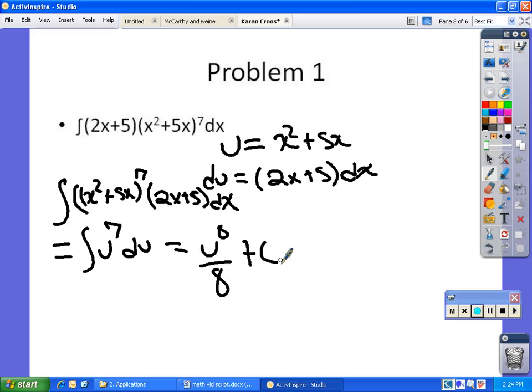Then you plug back in the original u, and you get 1/8 (x² + 5x)⁸ + c.